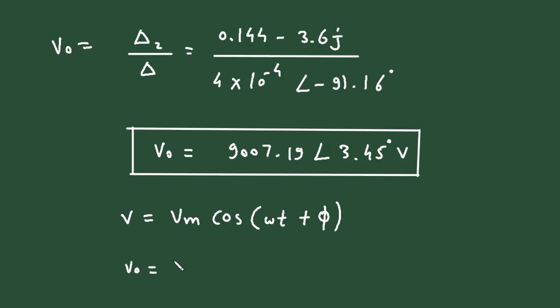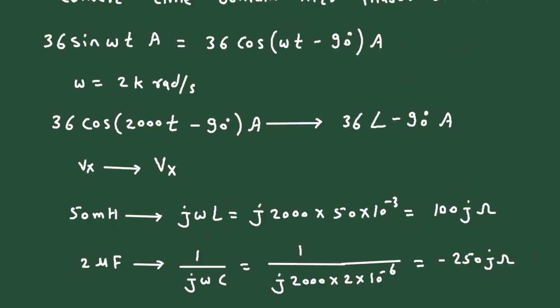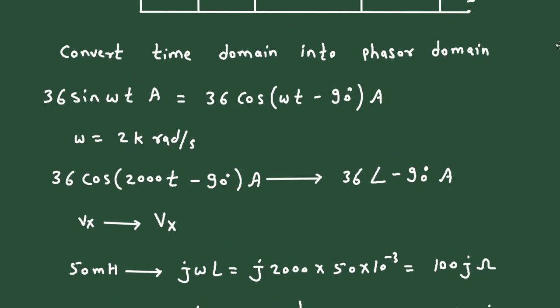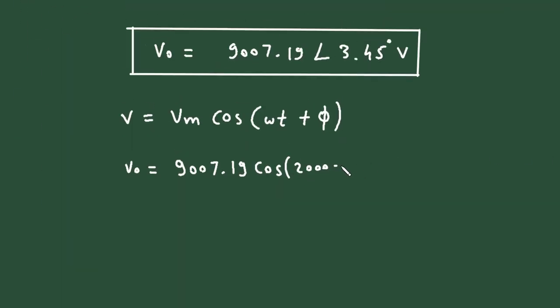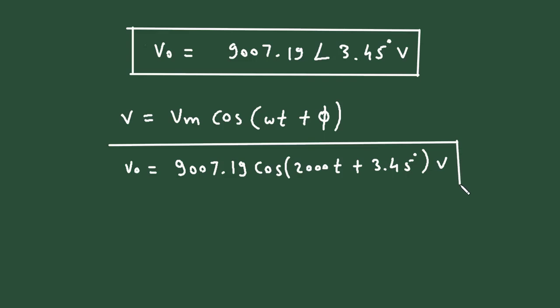So small VO is equal to 9007.19 cos, and the value of omega is 2000 radian per second, so 2000 t plus 3.45 degree, and since it is a voltage, its unit will be volts. So this is the value of VO in time domain format, and this is how we can find VO by using nodal analysis.